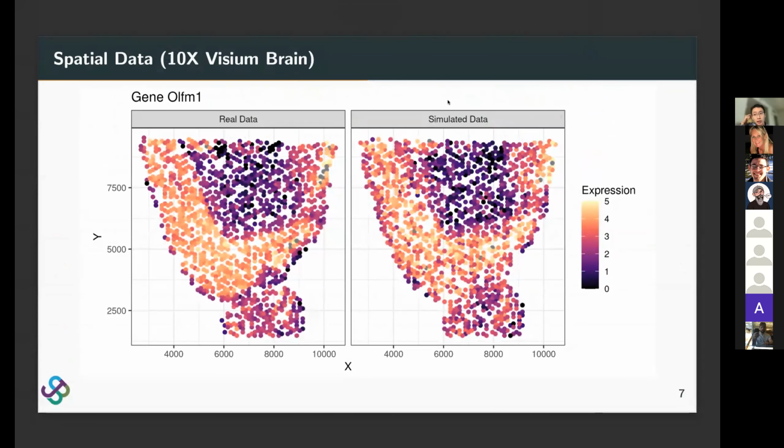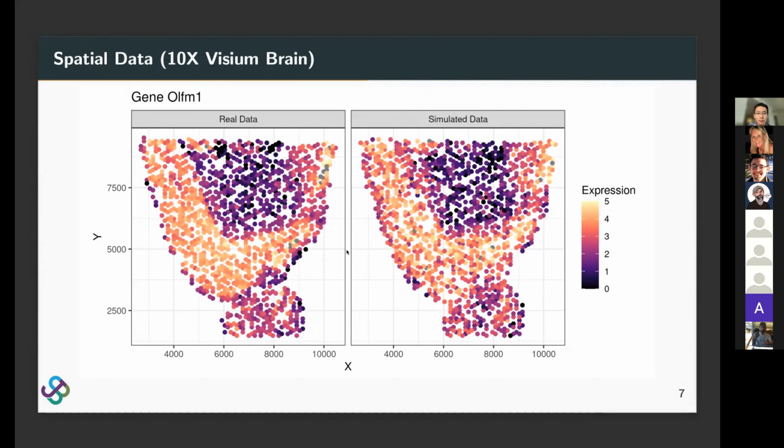The second example is for spatial data. We try to simulate spatial data generated by 10x Visium, and this is a brain example. Here we only choose one gene to show this because for spatial data, usually we care more about the plot on the spatial map. Here we can see our simulator also did a pretty good job of simulating the real data.